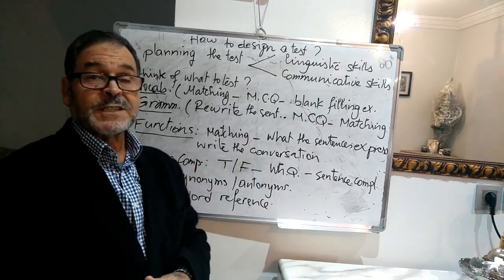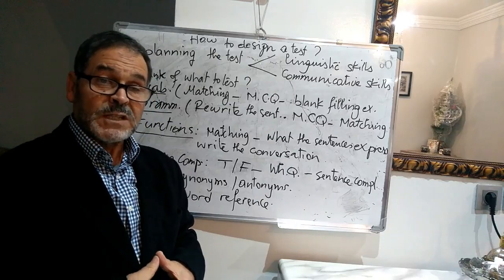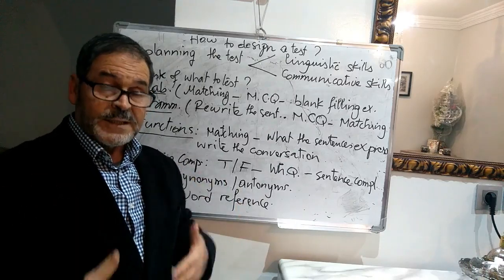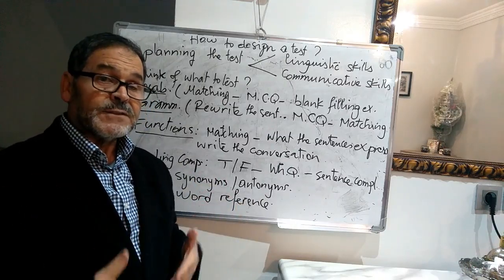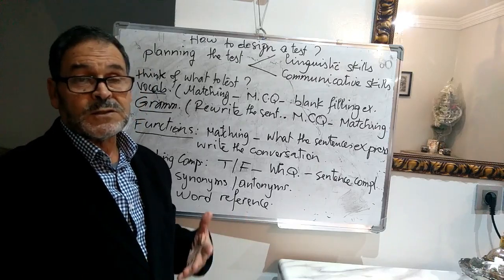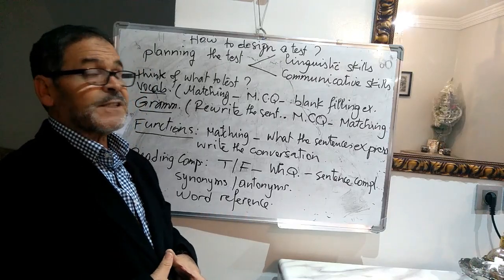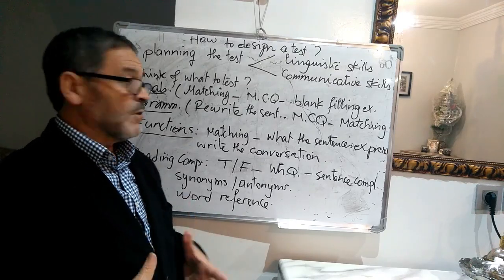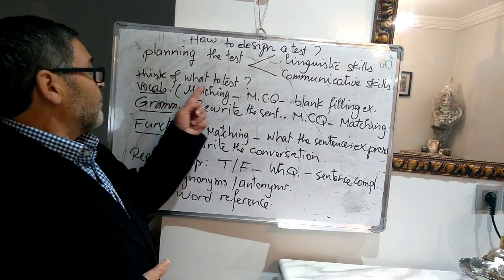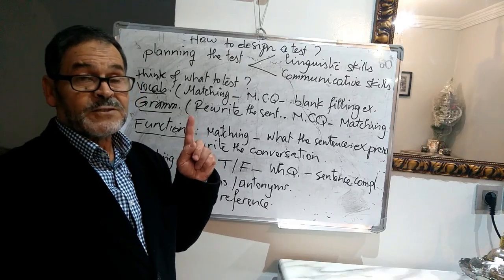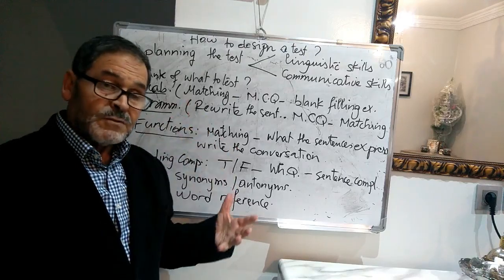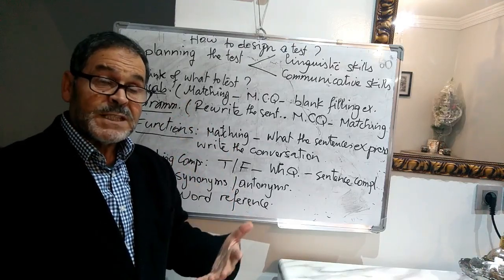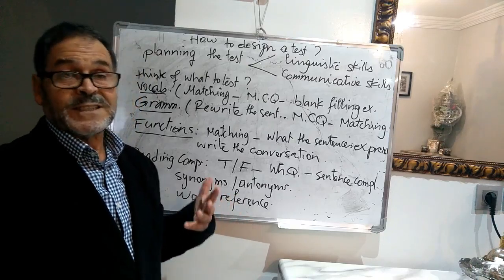And communicative skills are, for example, answering questions, expressing themselves when they have to discuss something in written form. In tests, we think of what to test after one unit or two units, or when I prepare a quiz, I should know what to test exactly.